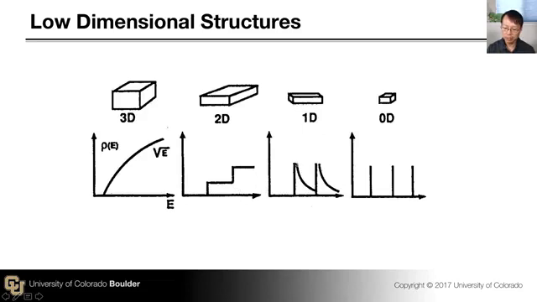In the one-dimensional case, you have a density of states that is proportional to 1 over the square root of E. And in a zero-dimensional structure, every time there is an allowed energy level, there is a spike in the density of states. So the density of states is given by a series of delta functions.